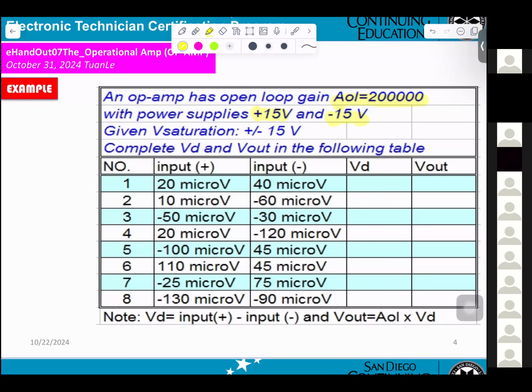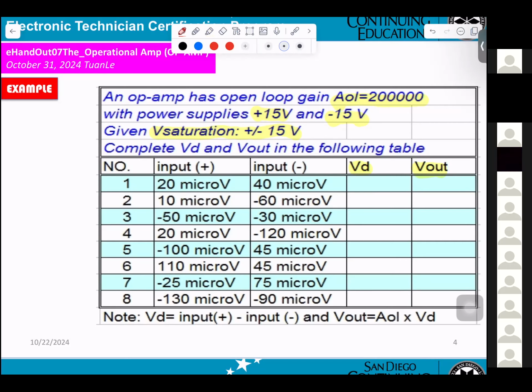However, in this example, they give you V saturation the same as the power supply. Now, what they want you to do is complete VD and complete V out. I give you example number 1.